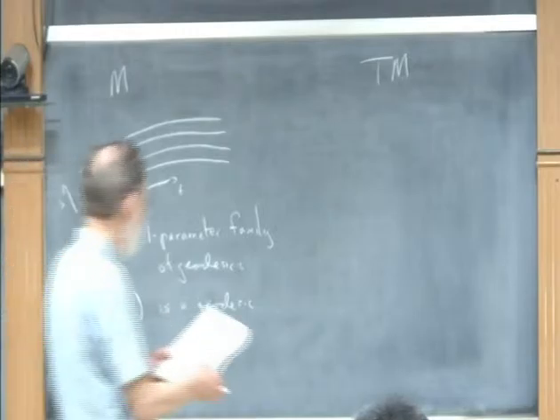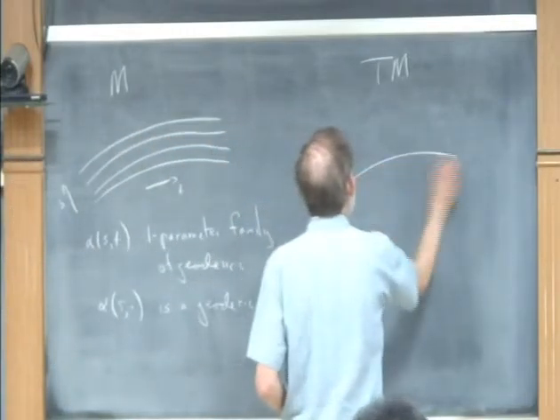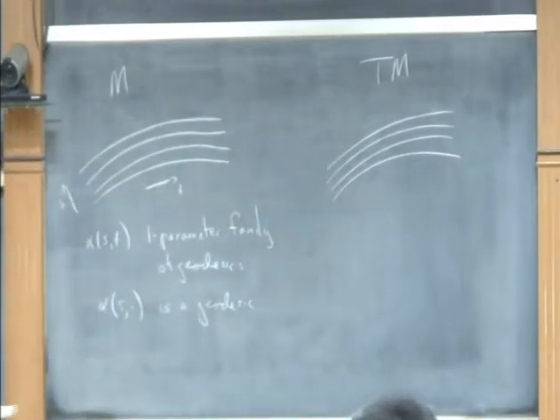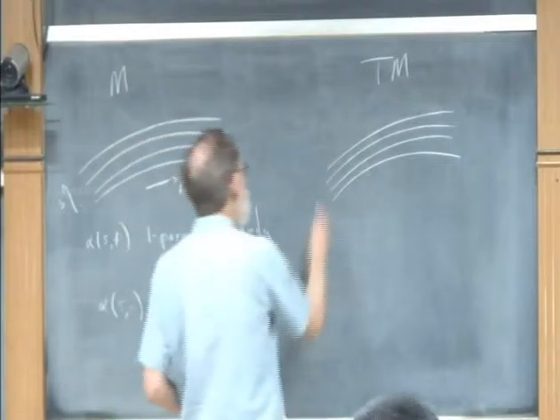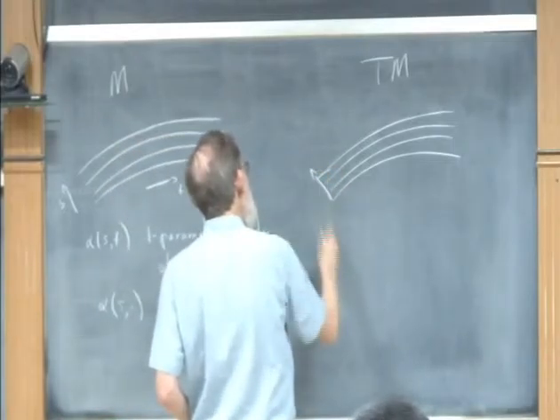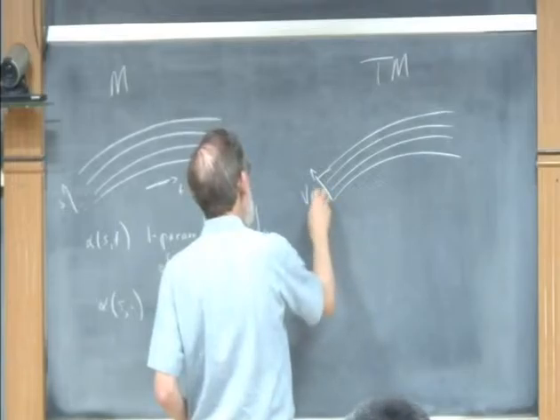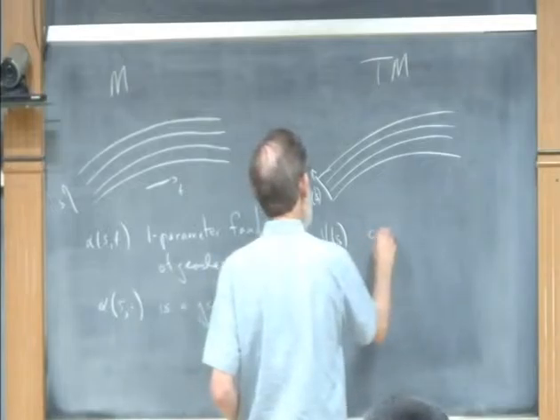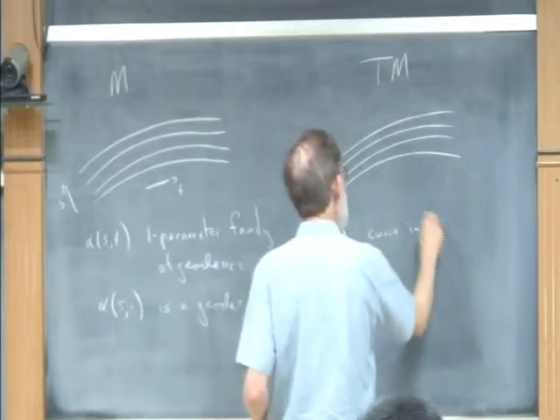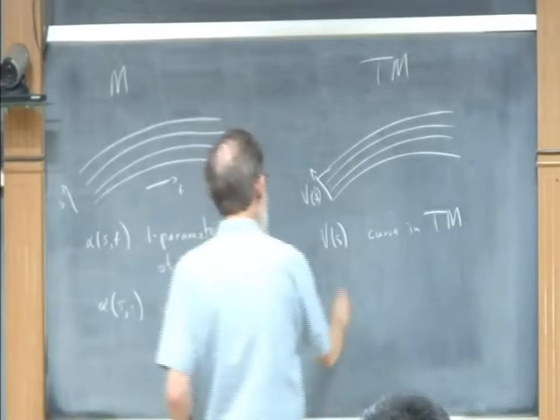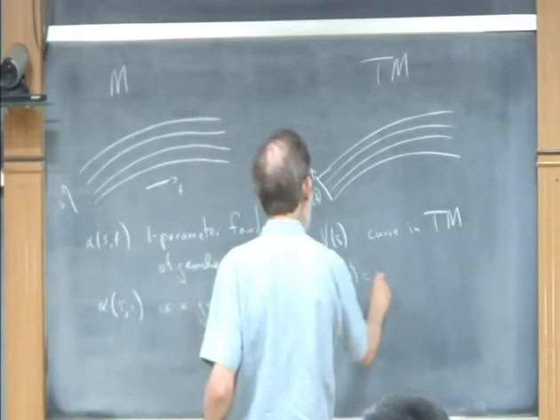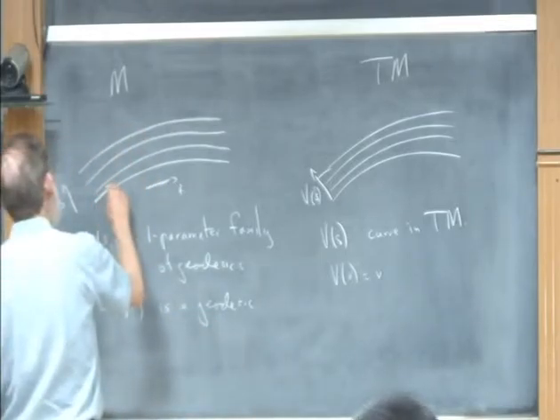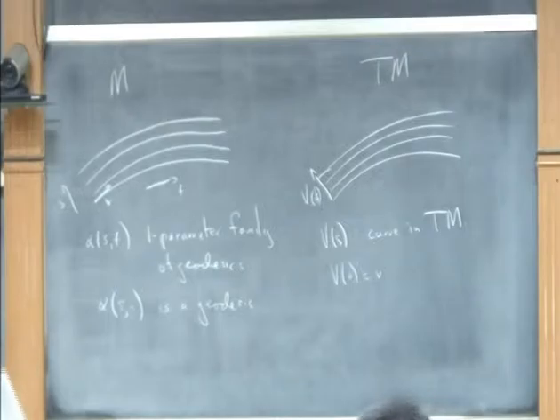And the corresponding picture in TM looks, not surprisingly, very similar, except in this picture I have an initial curve V of S. Maybe V of 0 is some initial vector V. V in this picture is the vector V.